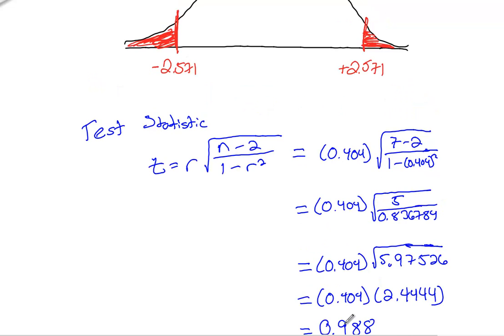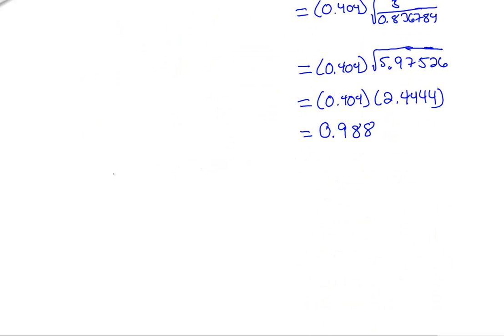So my 0.988, when I put it on my chart, is here in the middle. It is in the not shaded region. Since it is in the not shaded region, remember that means that we do not reject the null hypothesis.